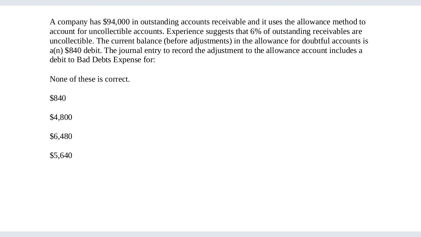So we're using the balance sheet approach. Are uncollected. The current balance in the allowance is an $840 debit. Okay, so once again, they're asking us for the amount. So what do we have?